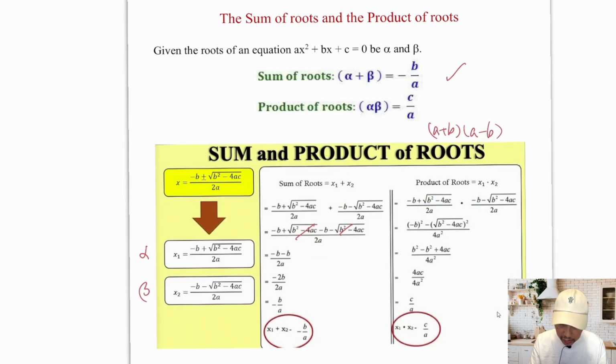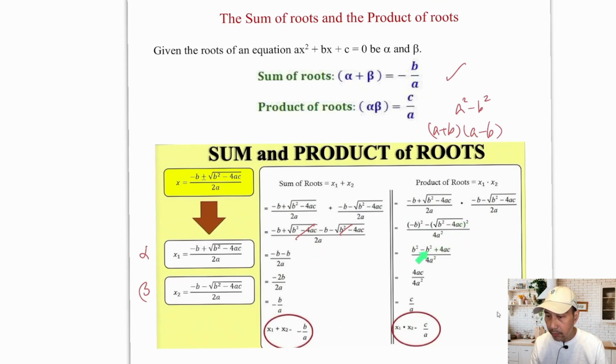So we can use the formula a squared minus b squared, so it becomes b squared and then minus the square of the square root. Okay, so the square root cancels with the square.